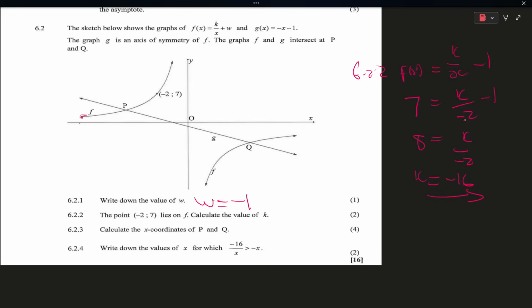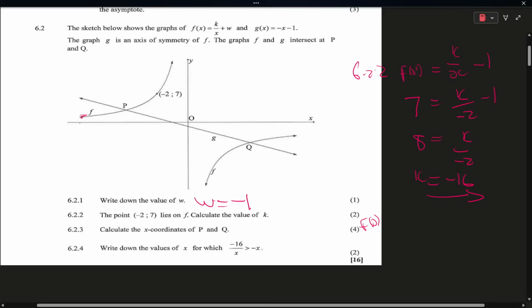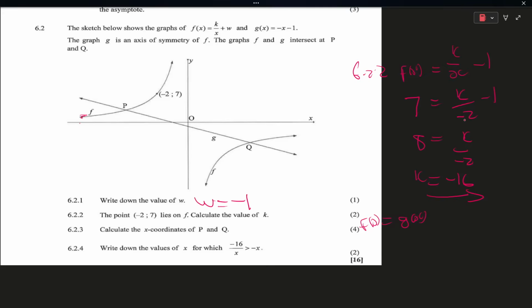And 6.2.3, calculate the x coordinate of P and Q. P and Q are points of intersection, where f(x) equals g(x). Let me erase here. Let me write the equation of f(x), which is -16 over x minus 1.